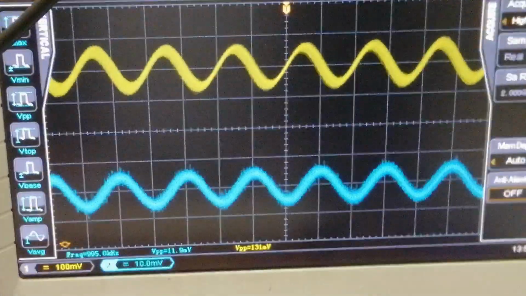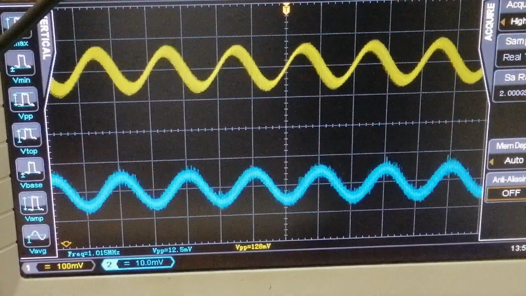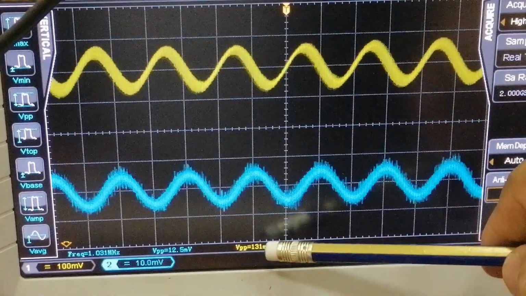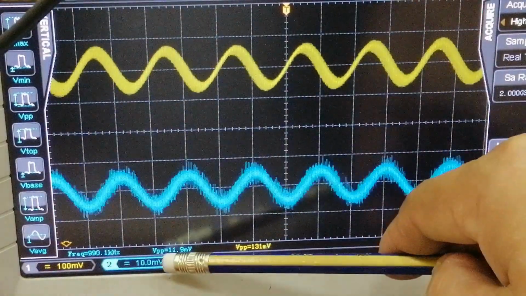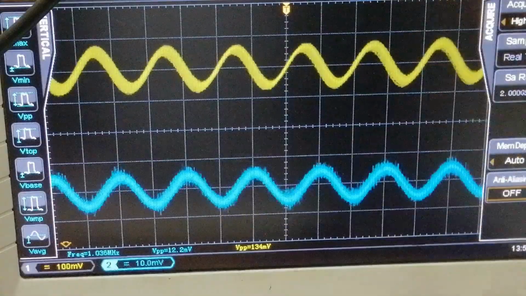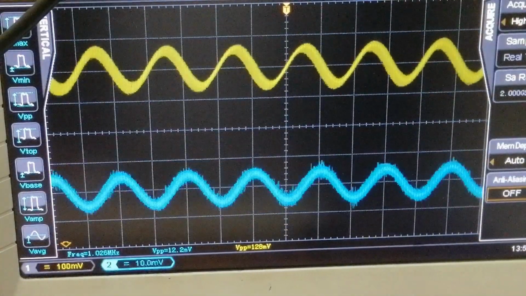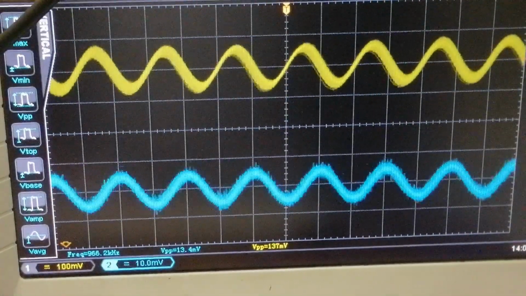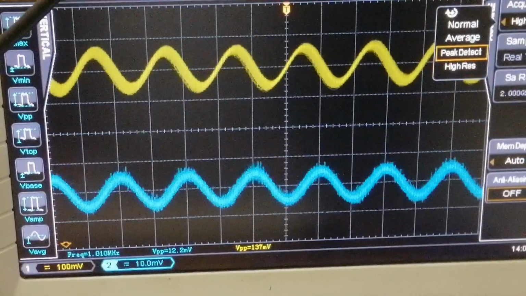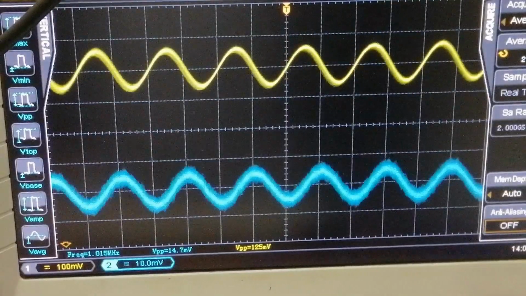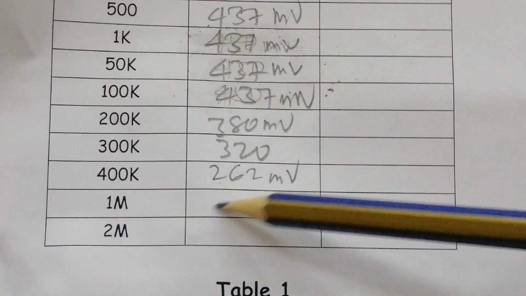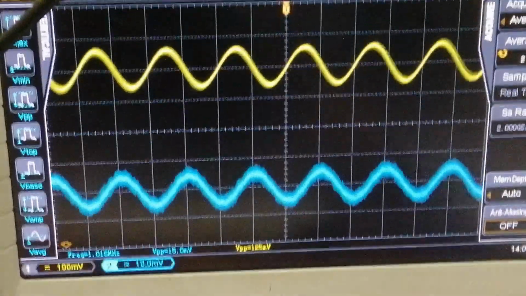The input is 10 millivolt. The output becomes 130. It's fluctuating, so let's get the average. Okay, 125. So at 1 mega, 125 millivolts only.